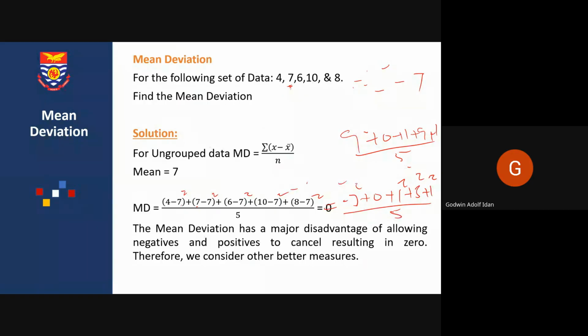We're going to have 20 divided by 5, which is 4. So the mean square deviation, again, we said is the same as the variance. And when you want to find the standard deviation, we do the square root of the mean squared deviation, which is equal to the square root of 4, giving us 2.